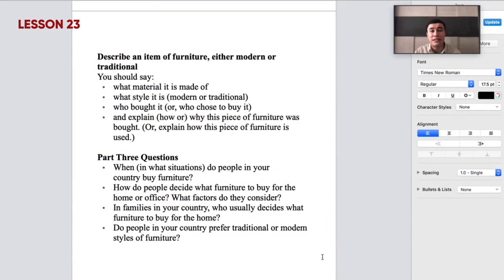The following sample part 2 and part 3 questions. In part 2 you are asked to describe an item of furniture, either modern or traditional. You should say what material it is made of, what style it is, modern or traditional, who bought it or who chose to buy it, and explain why this piece of furniture was bought, or explain how it is used.